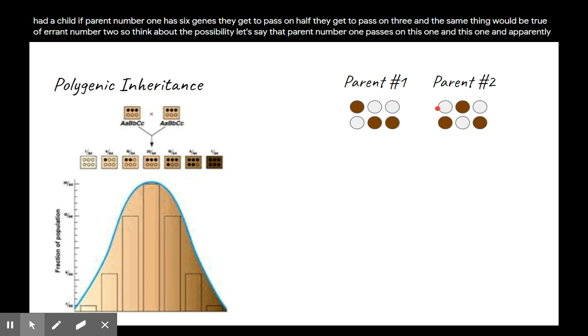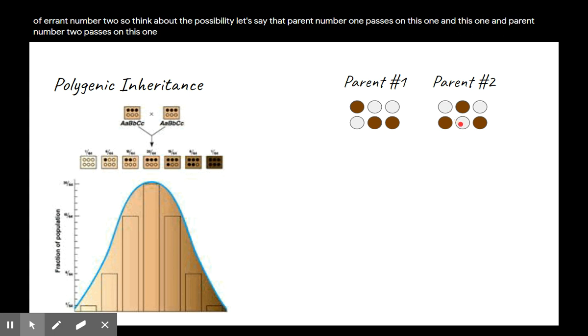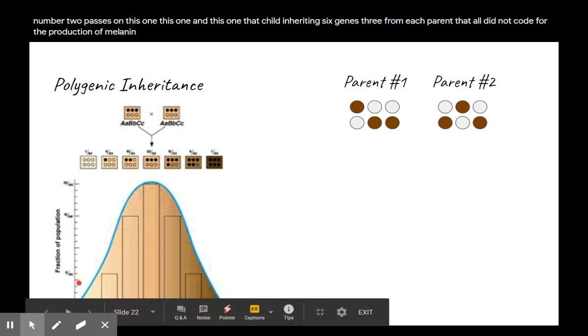And parent number 2 passes on this one, and this one. That child inheriting 6 genes, 3 from each parent, that all did not code for the production of melanin, would be very much on this end of the spectrum. They would have very light skin pigmentation.